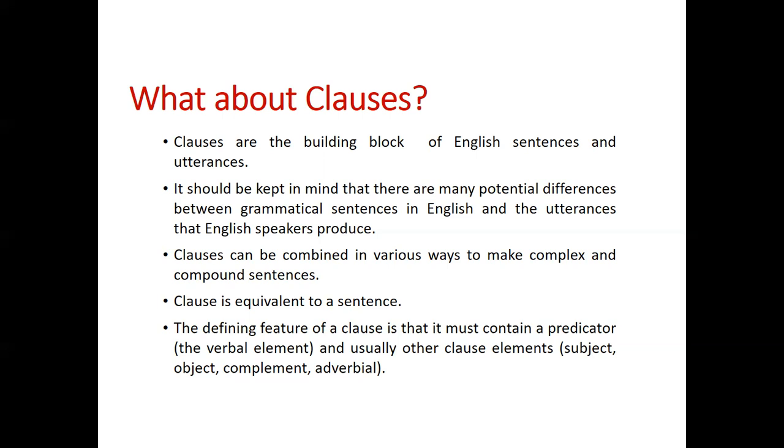For example, from words, we can create phrases, like prepositional phrase, noun phrase, adverb phrase, adjective phrase, and all phrases. And when we add phrases to phrases, or even words to phrases, or even words to words, we can actually create clauses, either independent clause or dependent clause.